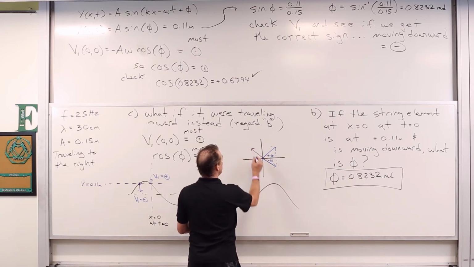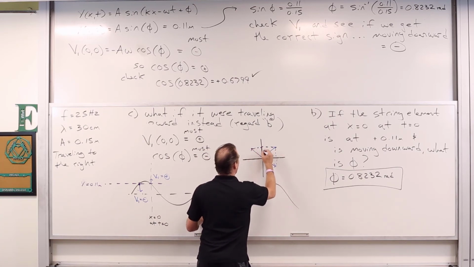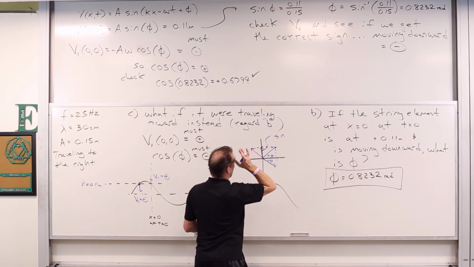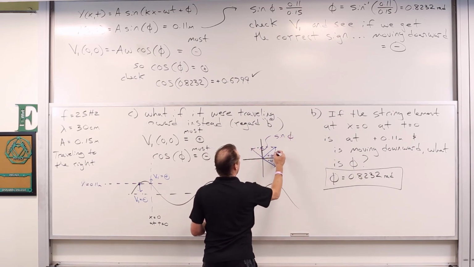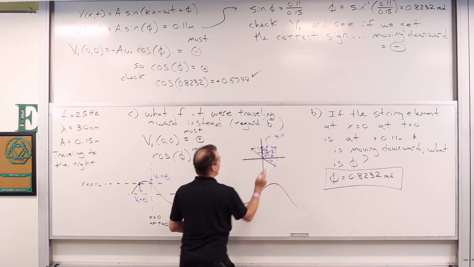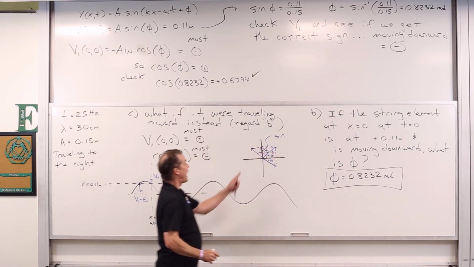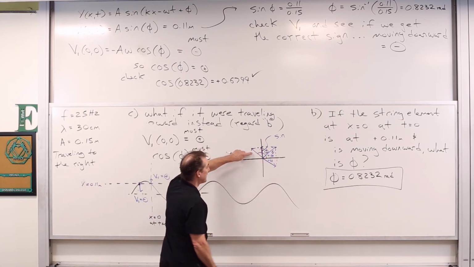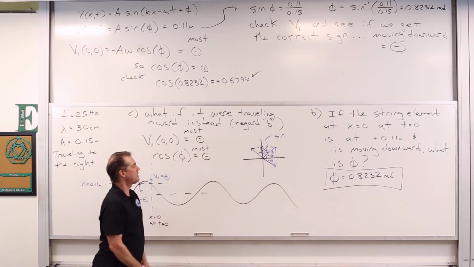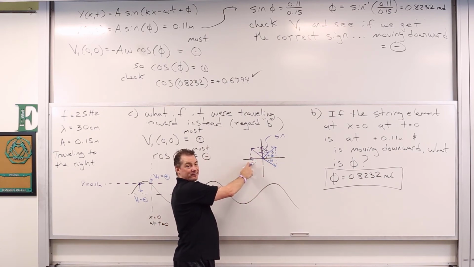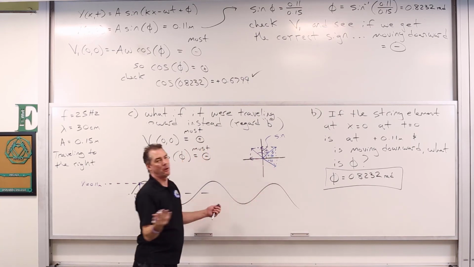The projection of this and the projection of that would give us the same amount, and this goes with the sine of this total angle phi. So the sine of phi is equal to the sine of theta. It gives us the same displacement, but the cosine of phi versus the cosine of theta would give us an opposite sign for cosine. So this is what we get out of it.